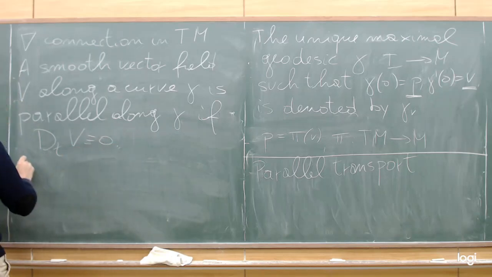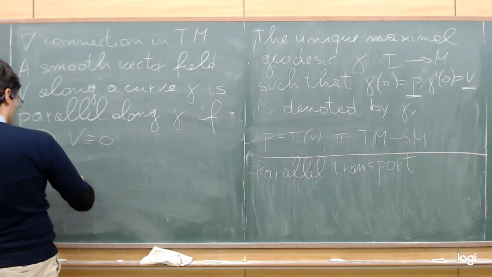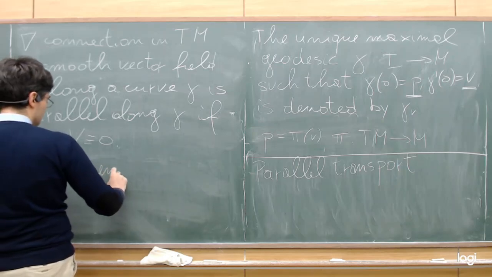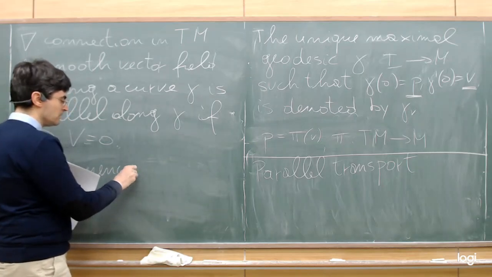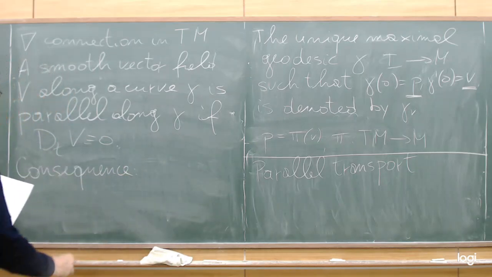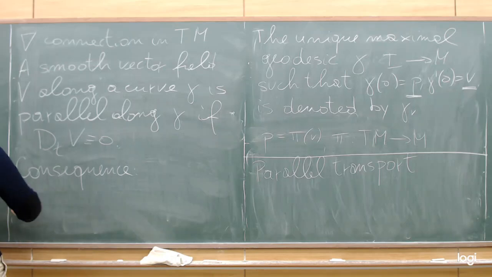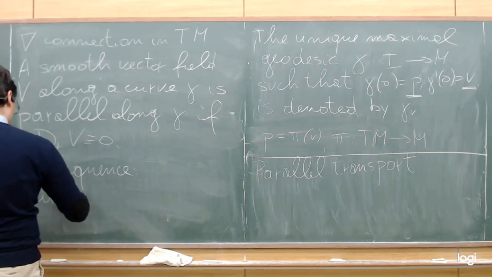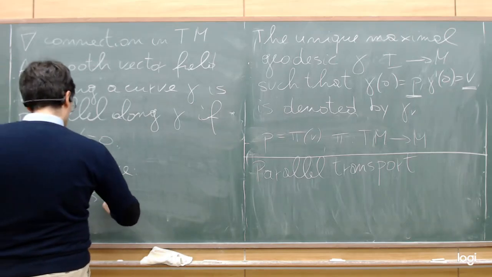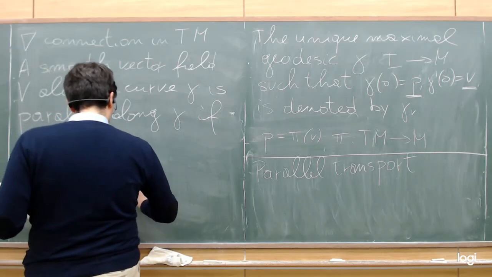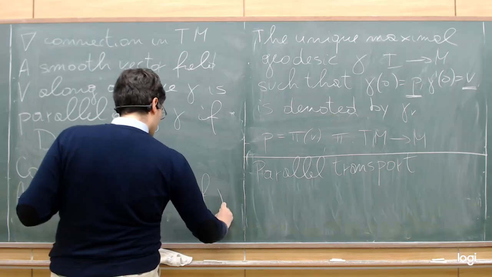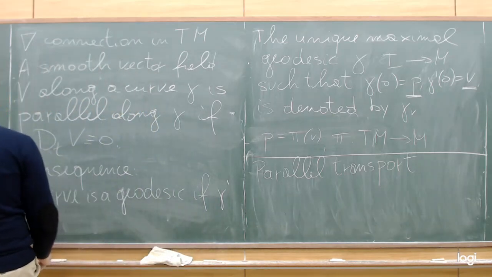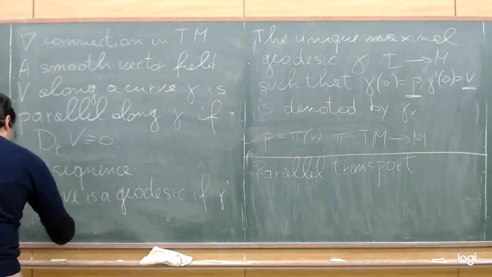This definition has a consequence, which is immediate, and it involves geodesics. A curve is a geodesic if gamma prime is parallel.